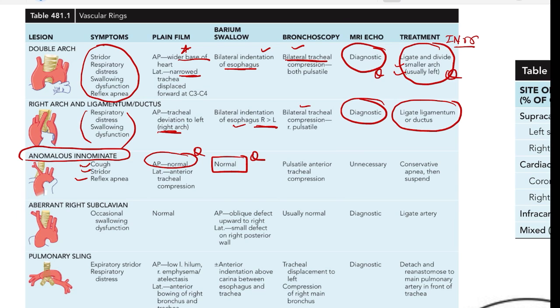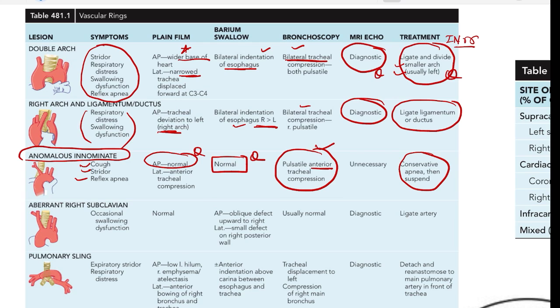So, double arch and right arch have indentation of esophagus but anomalous innominate artery has normal barium swallow. On bronchoscopy, pulsatile anterior tracheal compression. Remember, this is anterior tracheal compression. MRI echo will not be required and treatment is conservative.